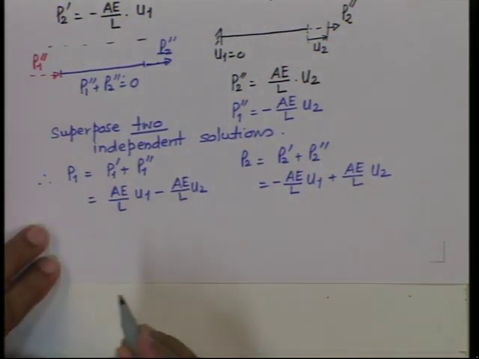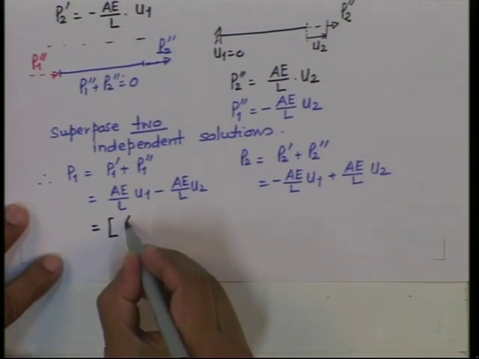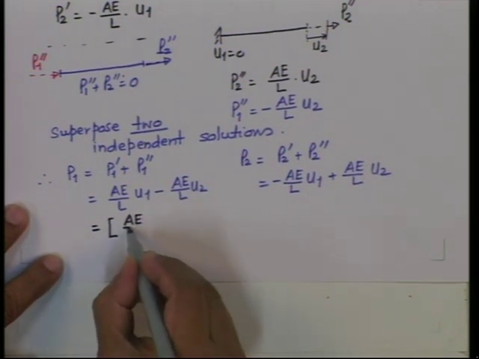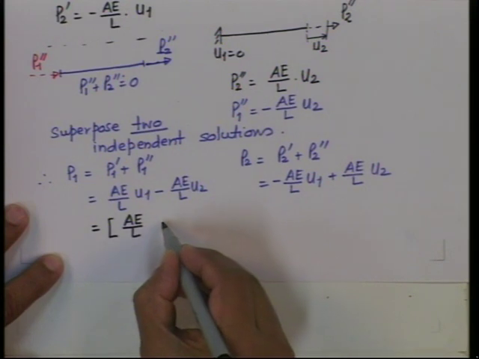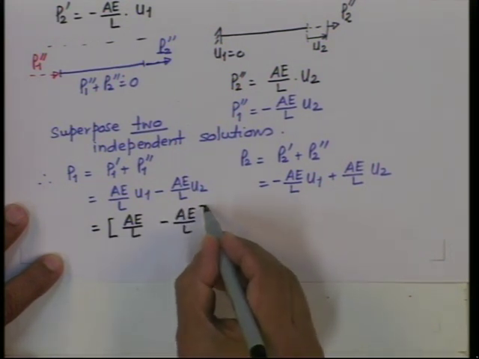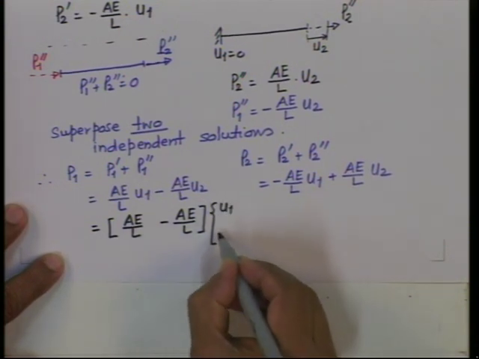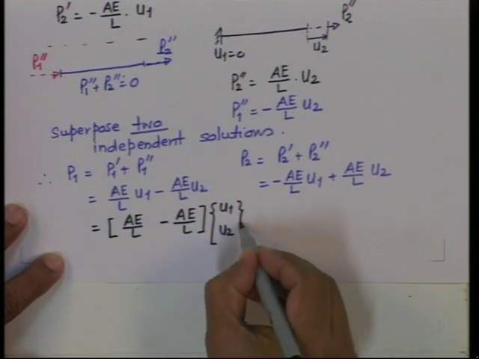And then I can write it, this is equal to A by L, minus A by L, U 1, U 2.